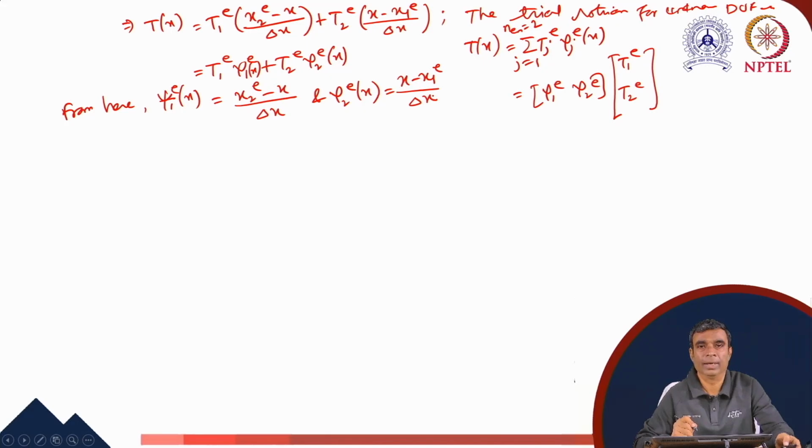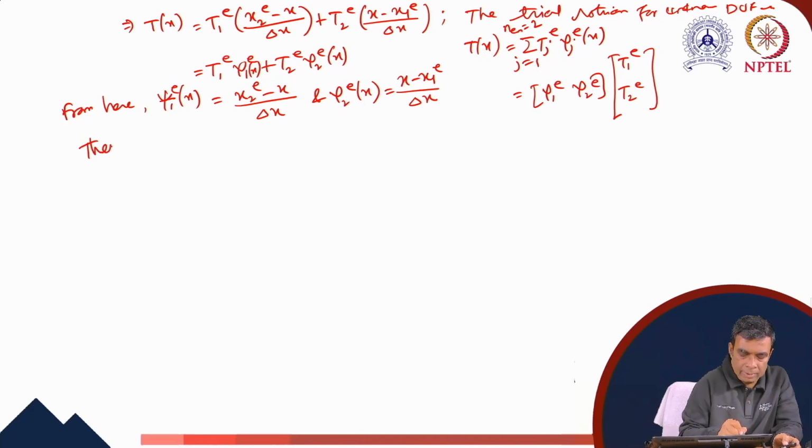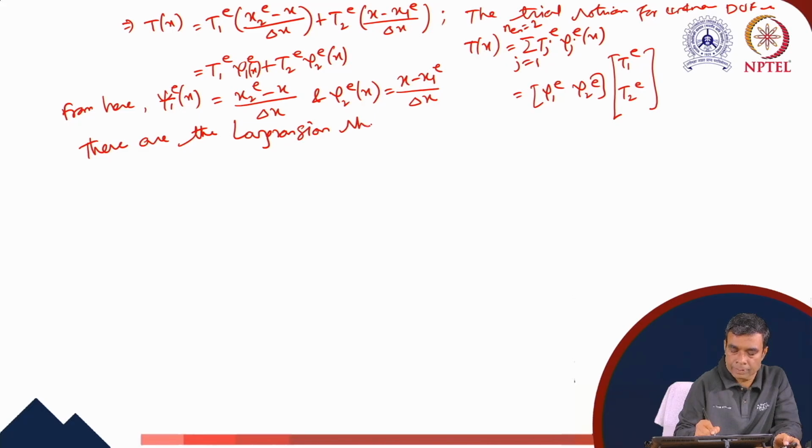Now these are the Lagrangian shape functions and they satisfy the properties that we have mentioned before: the summation of them should be 1. At a given node, the given shape function is unit valued. At the other node, the value of the shape function is 0. These are straight lines of opposite slope.